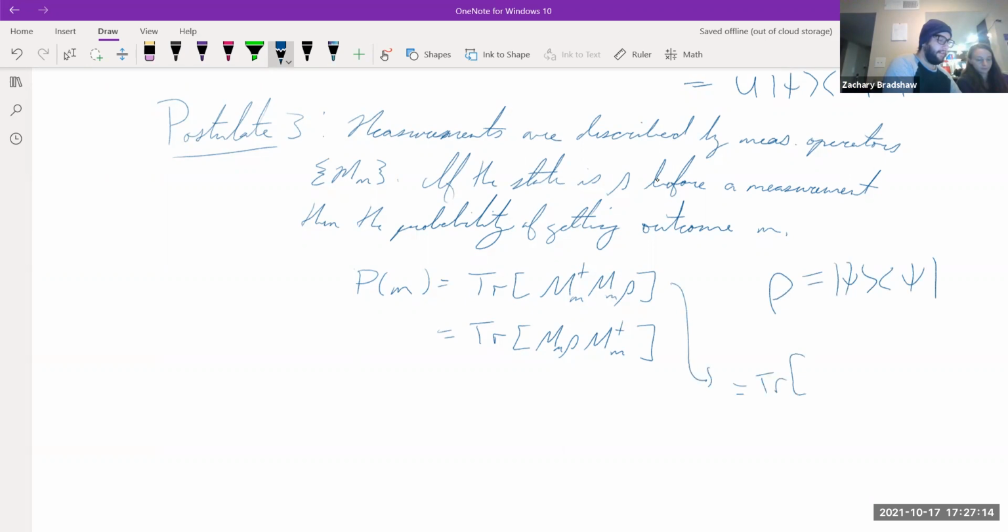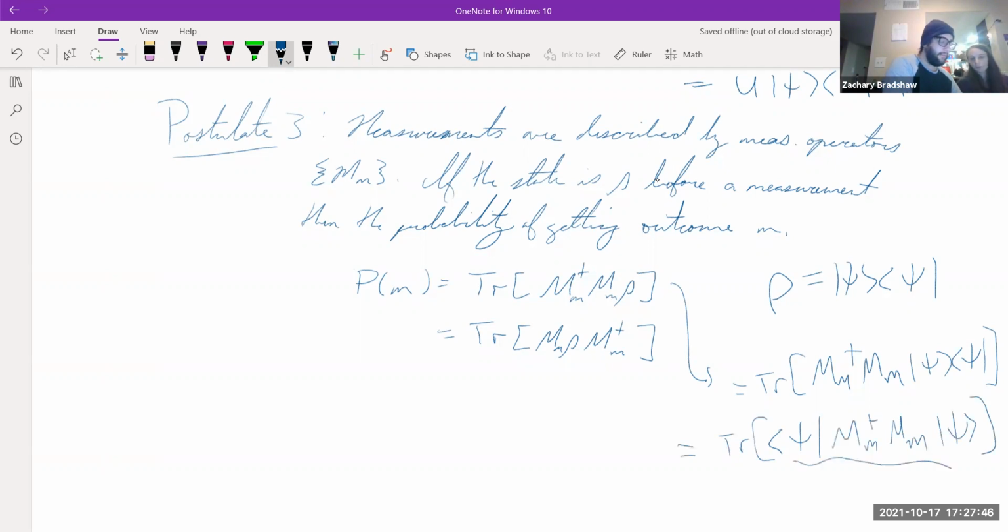This is the trace of M dagger M psi psi, and using the trace property, you write this as the trace of psi M dagger M psi, but this is just a number. And the trace of a number is just a number. Exactly. Yeah. But this is exactly what the measurement postulate was for a pure state. And so this is consistent.